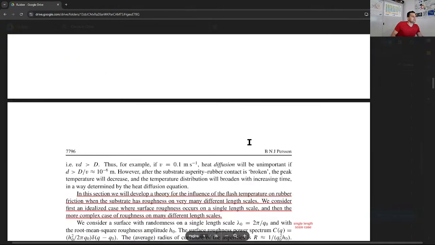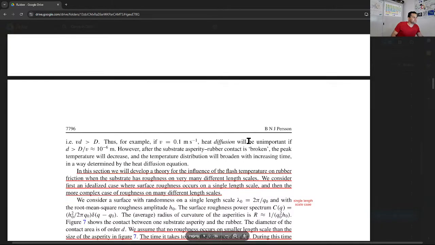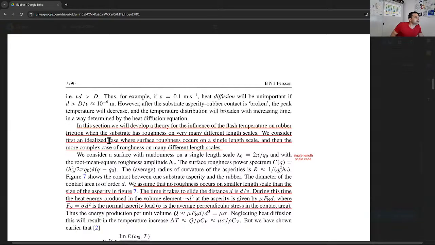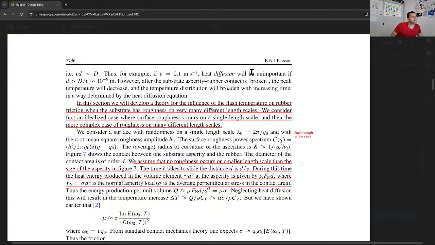But there is another condition. Here he gives an example.